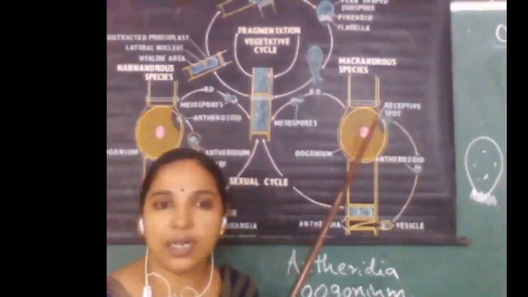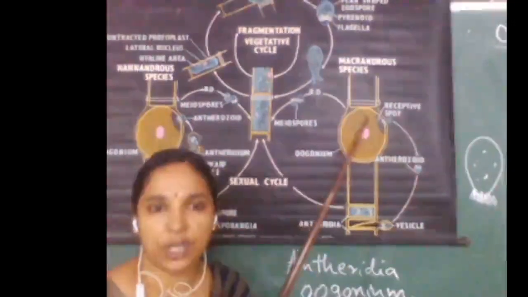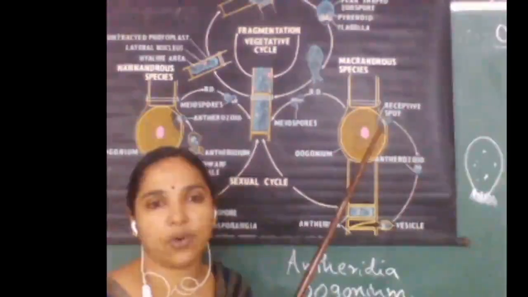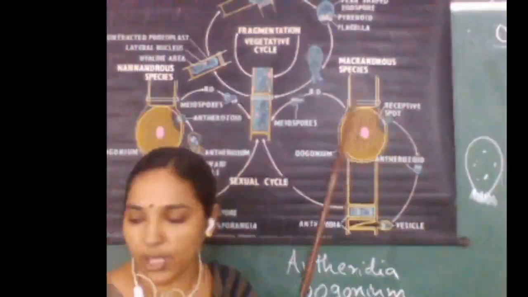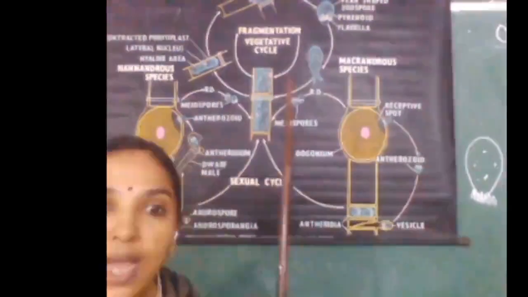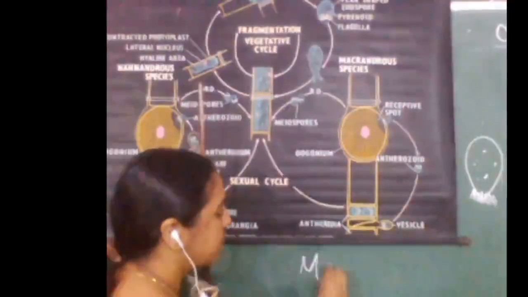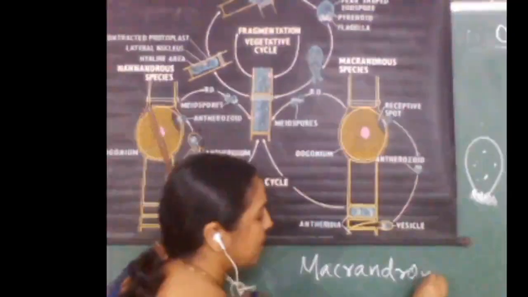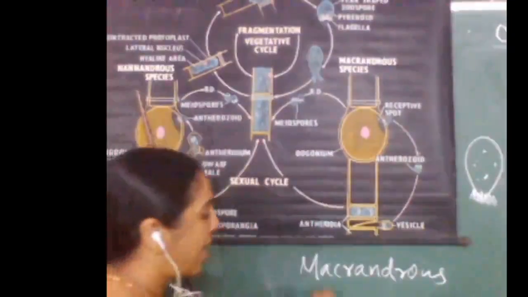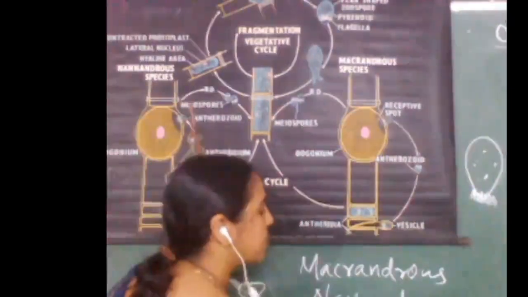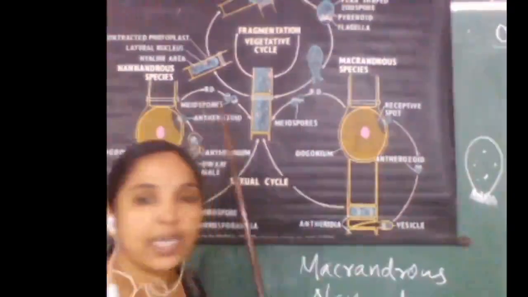Based on the mode of sexual reproduction, there are two groups or two species of Oedogonium. They are the Macrandrous type and the Nannandrous type.